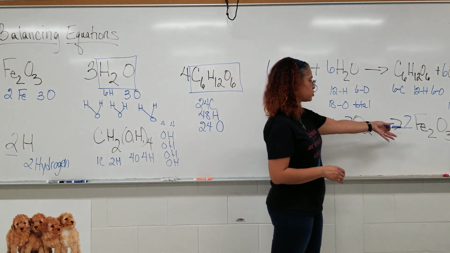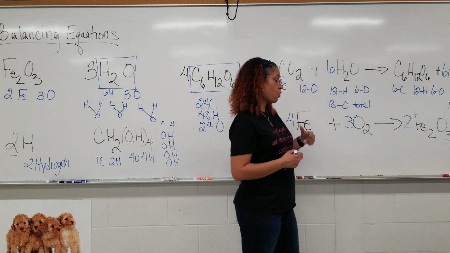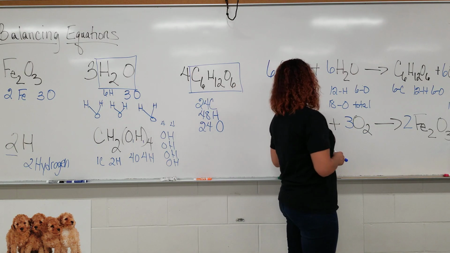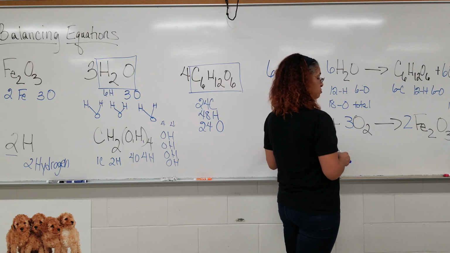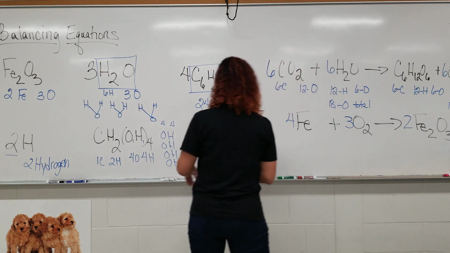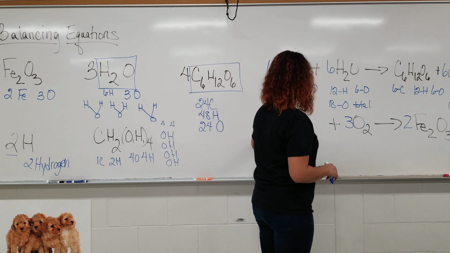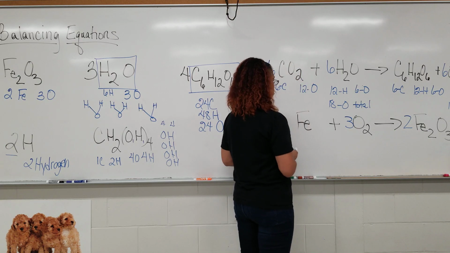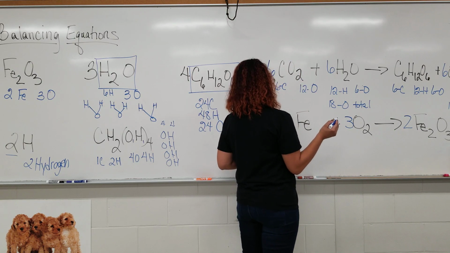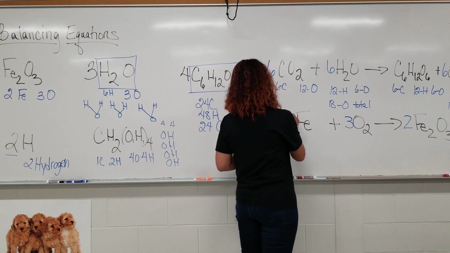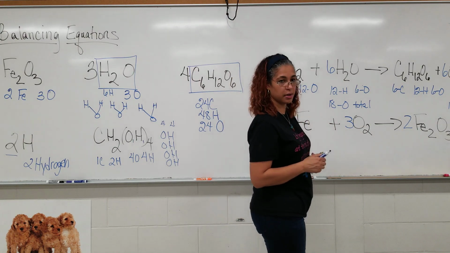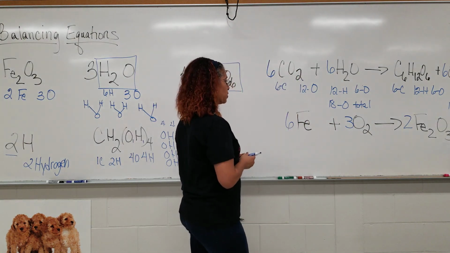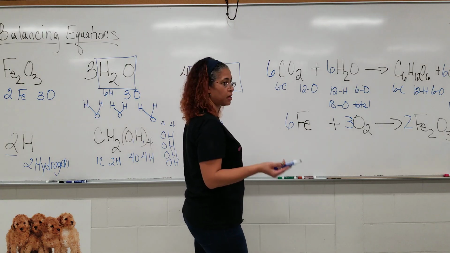And we're making 2 iron oxides. What if instead of 4 irons, we have 6? How many iron oxide molecules can we make? How many moles of iron oxide?